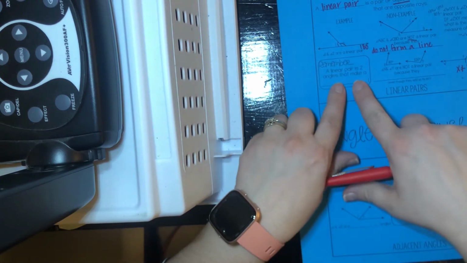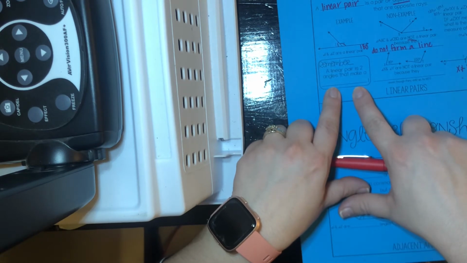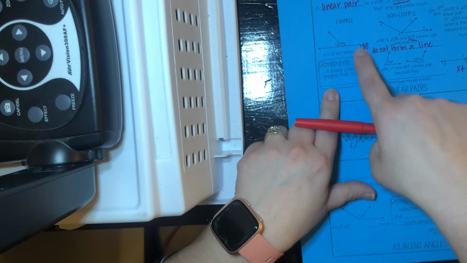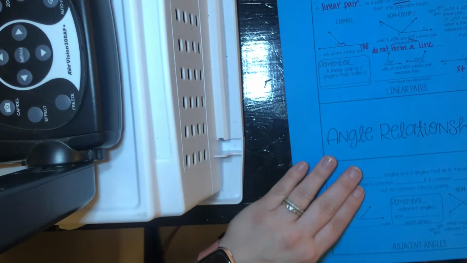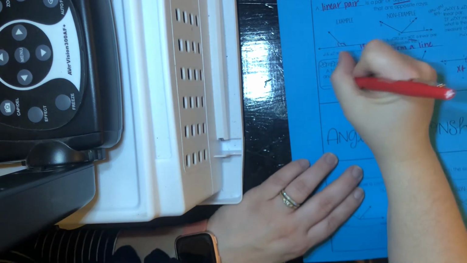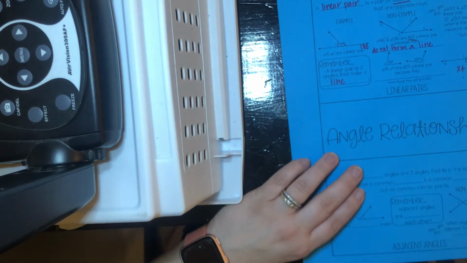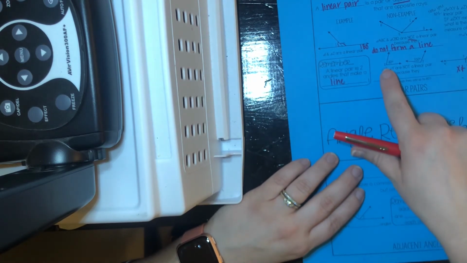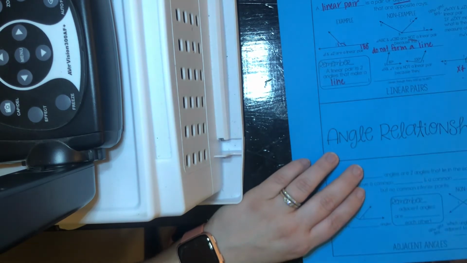So a linear pair is an angle pair that makes 180, which is a straight line. It has to make a line. Let's look at this last example. Angle X and angle Y. Are those a linear pair?